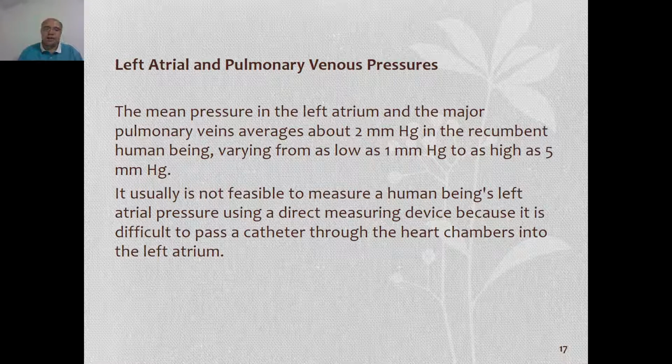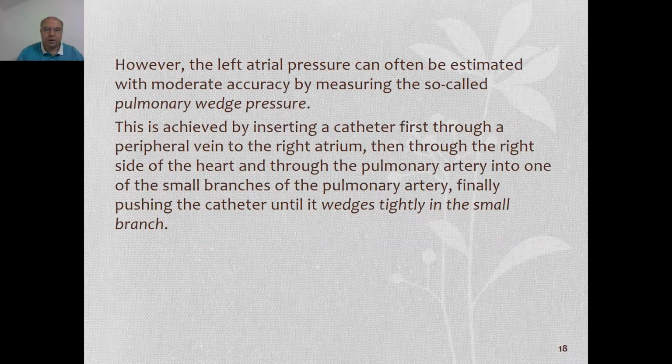It usually is not feasible to measure a human being's left atrial pressure using a direct measuring device because it is difficult to pass a catheter through the heart chambers into the left atrium. However, the left atrial pressure can often be estimated with moderate accuracy by measuring the so-called pulmonary wedge pressure.